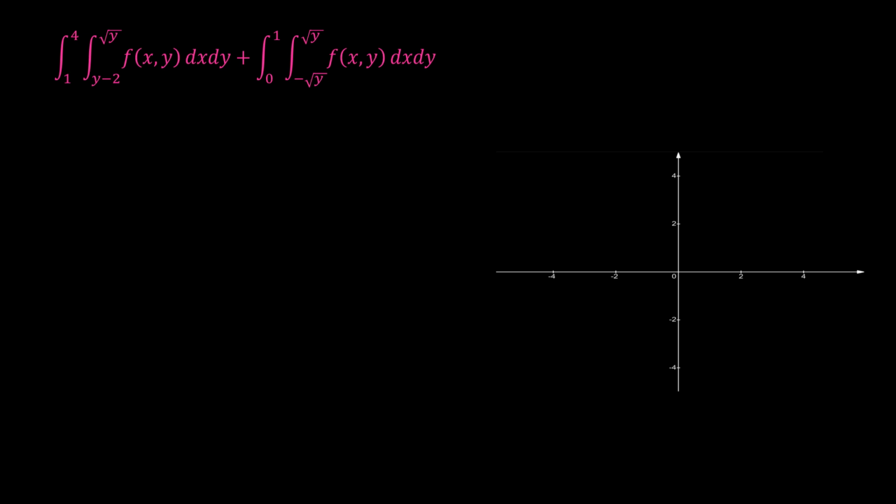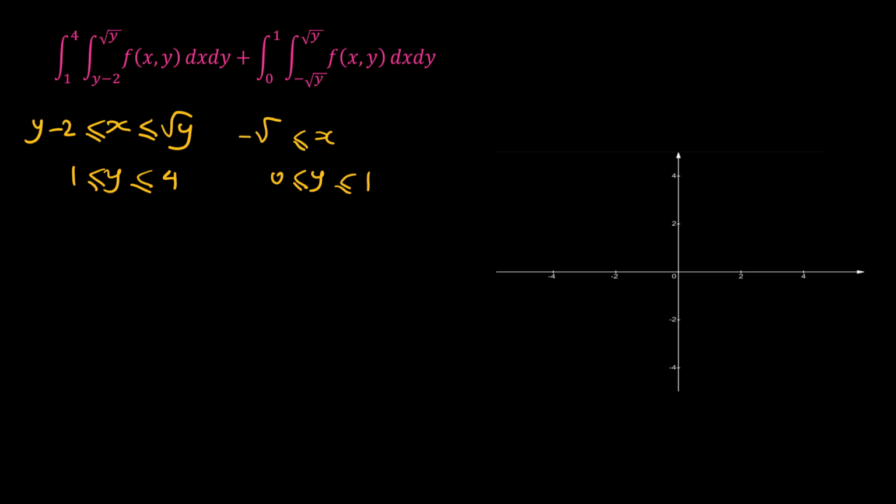Now look at this question. Again, we have two integrals of the same function f. In the first integral, x is between y minus 2 and radical y, and y is from 1 to 4. In the other integral, y is between 0 and 1, and x is from negative radical y to radical y.